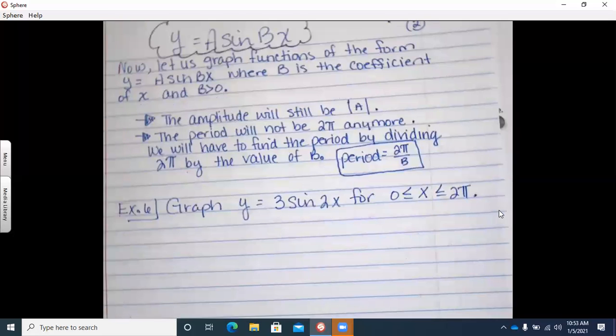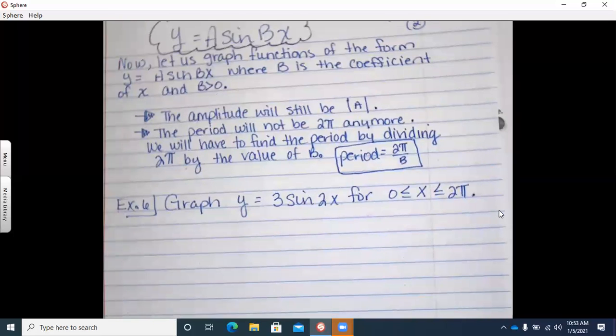So our period is not going to be 2 pi, okay? But they still want to see the graph from 0 to 2 pi. So that could include more than one cycle now, okay?